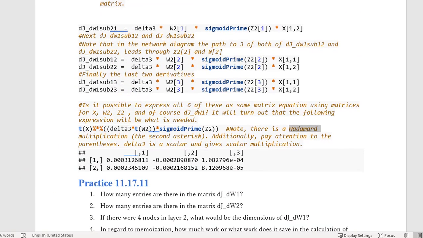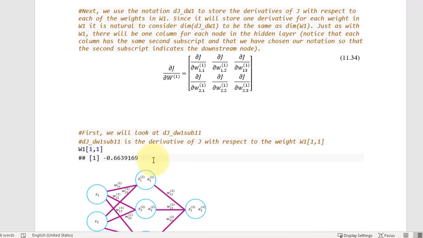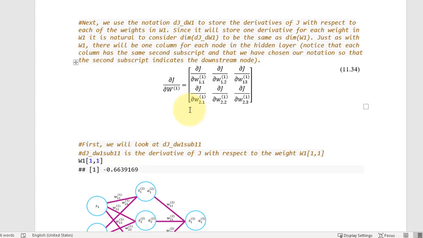And we can see that when we do all of this, we get a matrix like this, and this is supposed to be the derivative matrix that we're trying to calculate, and hopefully it is. And so these give us all the derivatives, that is, they give us all of these. So you should make sure that you agree with all of this. Make sure that there's no error here. If there is, let me know.